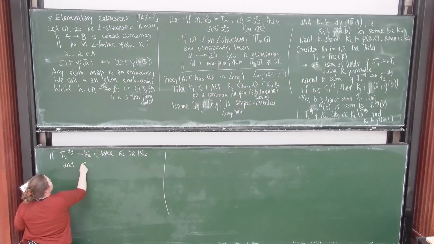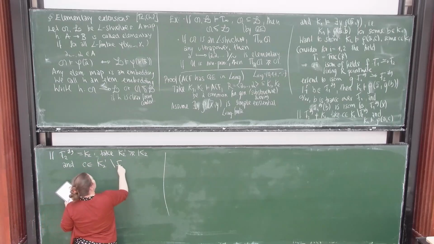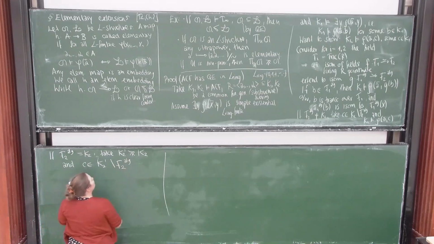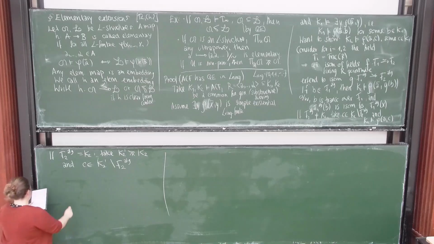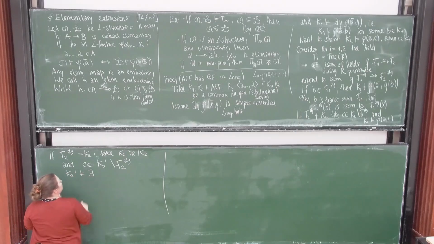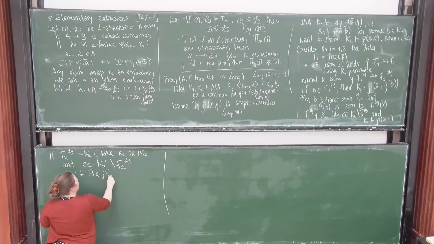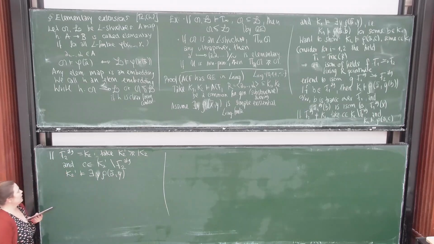And now take any C in K2 prime without the algebraic closure of F2. Then K2 prime says there is a Y such that rho of A bar, Y holds.